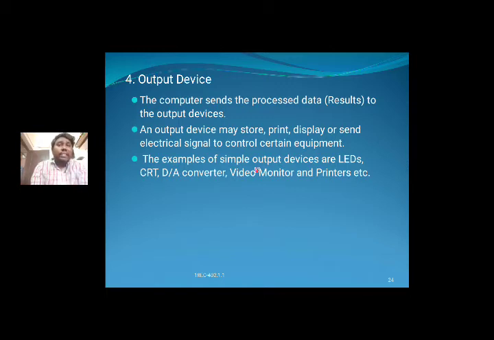The output device may store, print, display or send electrical signals to control certain equipment. Examples of simple output devices are LEDs, that is light emitting diodes, LCDs, liquid crystal displays, cathode ray tubes, digital to analog converters, video monitors and printers, etc.